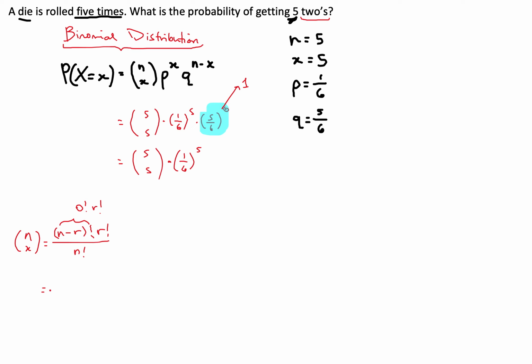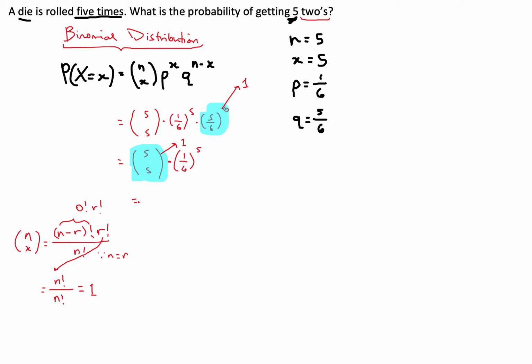So if n is equal to r, what you have in the end is n factorial over n factorial, which is simply equal to 1. So 5 choose 5 becomes 1. You can verify that with your calculator.